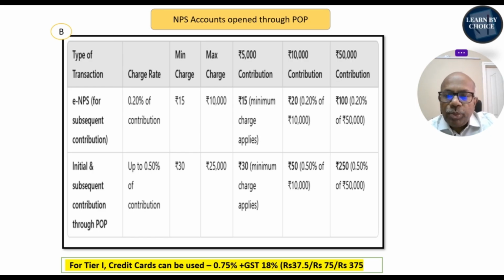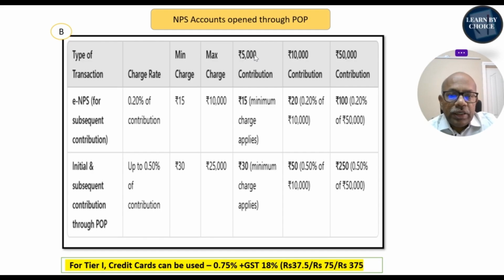Whereas if you are using the POP channel, you pay 0.5%, minimum is 30 rupees. And for the eNPS, the maximum charge is 10,000 rupees, whereas for the POP, the maximum charge is 25,000 rupees. And there is a minimum charge also.